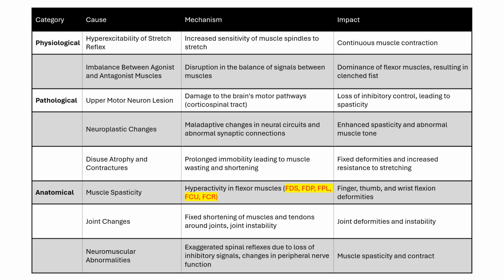Then the pathological causes for the deformity need to be evaluated to understand the neuroplastic changes that occur. And here we also will look at the length and the amount of intervention that has occurred early, whether there has been disuse atrophy, is there contracture, and the functional evaluation of the patient.